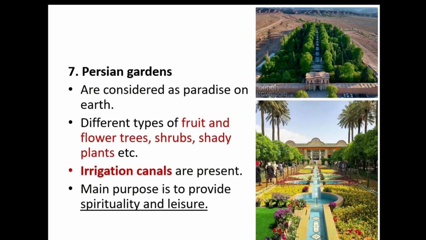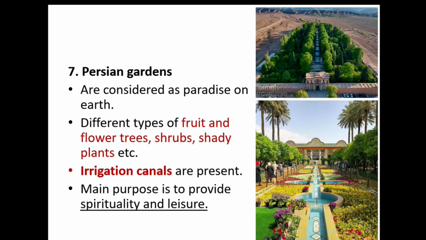And another one is the Persian gardens. Persian gardens are considered a paradise on earth. The most popular feature in Persian gardens is the irrigation canals, which pass through the garden. They have fountains and small pools and ponds.